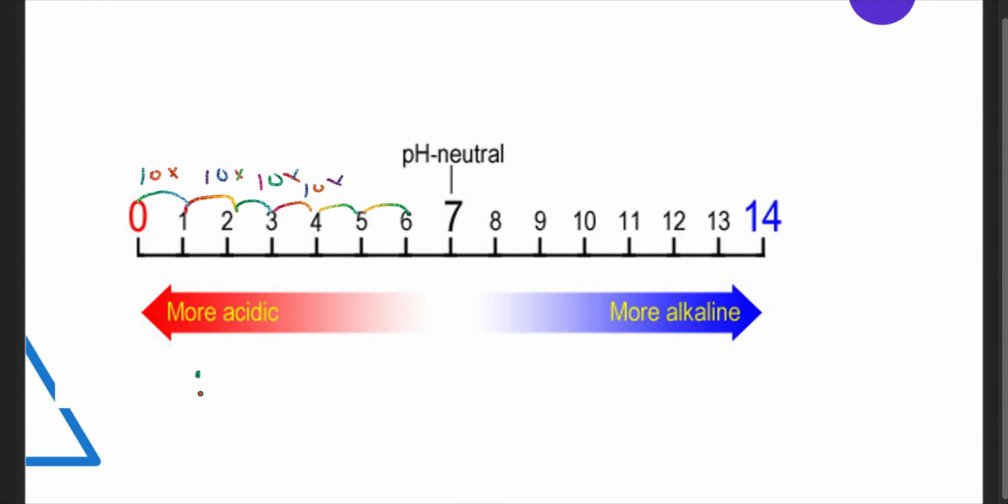If I were to go from a pH of 1 to a pH of 2, and we're looking at the hydrogen ion concentration, which, by the way, decreases as we go from 0 to 14, we can say that it decreases by tenfold.